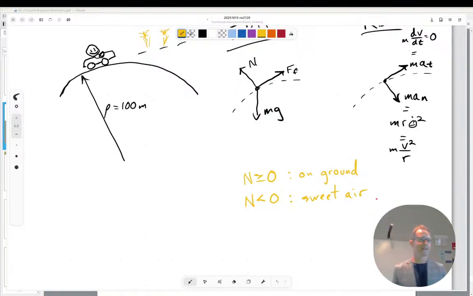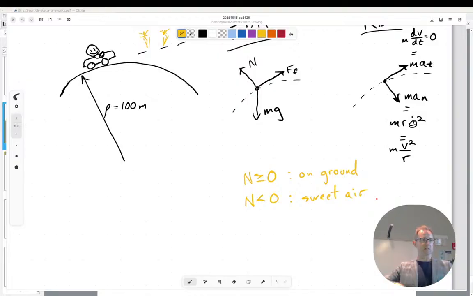Sorry. Why does normal force equal to 0 still mean that it's on the ground? If it's equal to 0, that's right at the cutoff point where you haven't left the ground, but you're also not creating any contact with it.